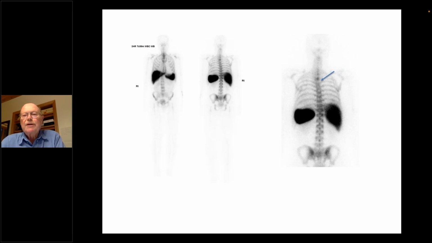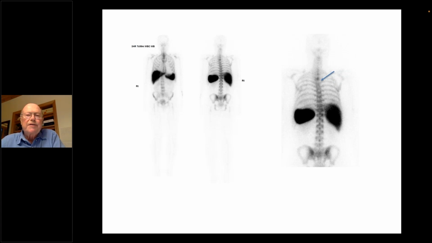If you look at the expanded image on the right at the level of the arrow, there's a subtle area of decreased metabolic activity in a mid-thoracic vertebra, and maybe slightly increased activity above that.